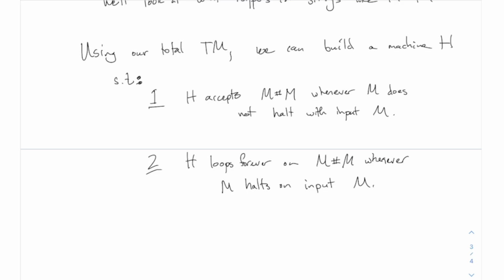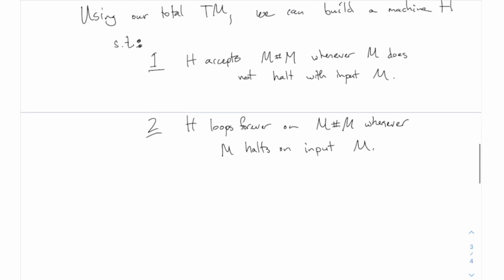What's special is how this results in a weird contradiction in the proof here. So the big question now is, if I make a machine H which has this kind of behavior, what happens when we run H with input H#H? Now this is sort of bringing this kind of self-reference to another level, all right?